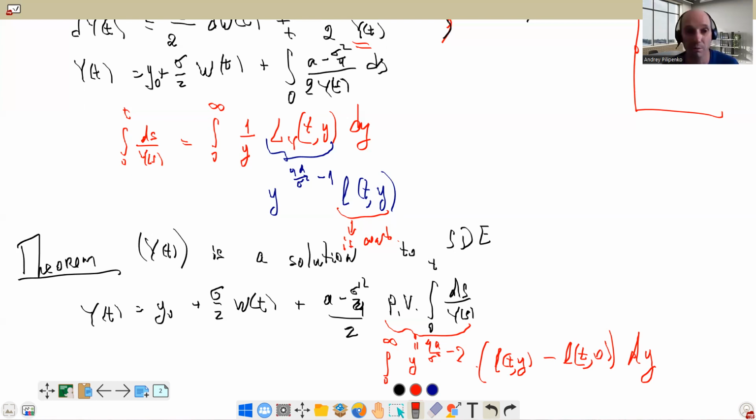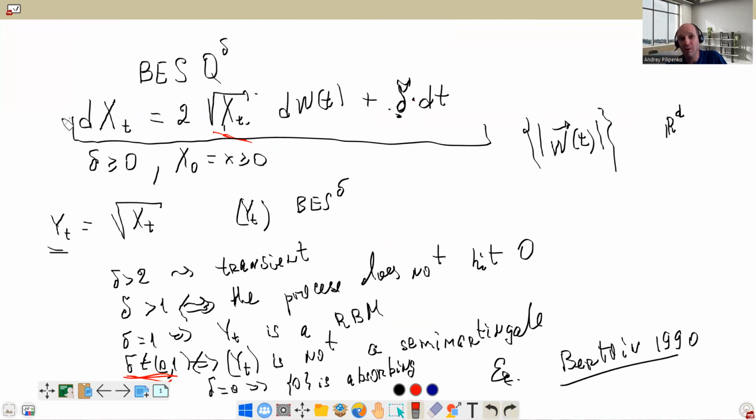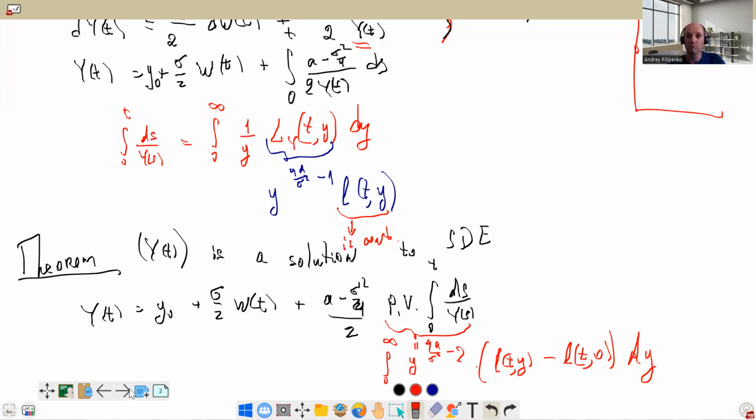And now, one question: is it a weak solution or a strong solution? And the answer is strong. By the way, x is a strong solution to this equation. X is a function of W, and y is a function of x, a linear process.